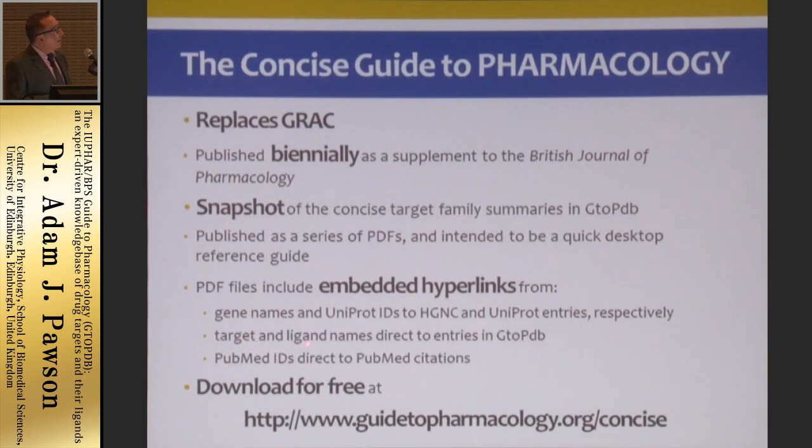All the target and ligand names link directly to the corresponding entries in the Guide to Pharmacology. So from the PDF, you can get more information about the target and the ligand. Likewise, all the PubMed IDs link directly to the citations in PubMed. The Concise Guide can be downloaded free from the website or from the publisher's website.